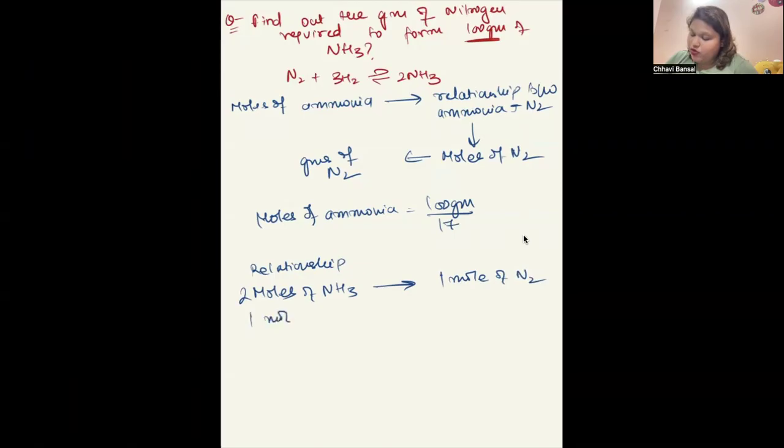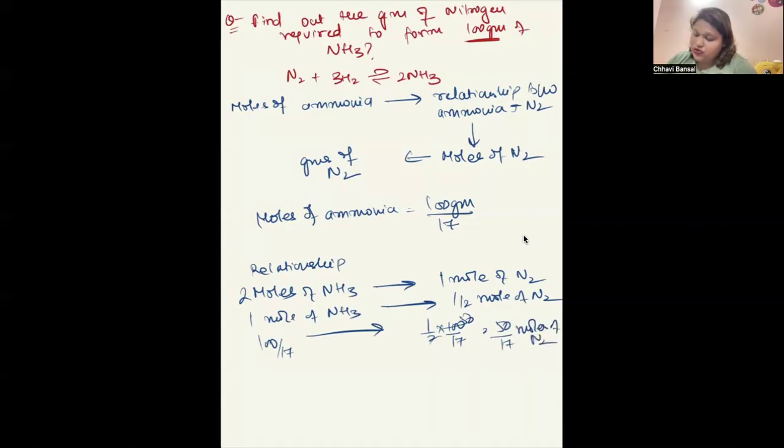So 1 mole of ammonia will require 1 by 2 mole of nitrogen. So 100 by 17 will require 1 by 2 times 100 by 17, which is 50 by 17 moles of nitrogen, right? We got the moles of nitrogen.